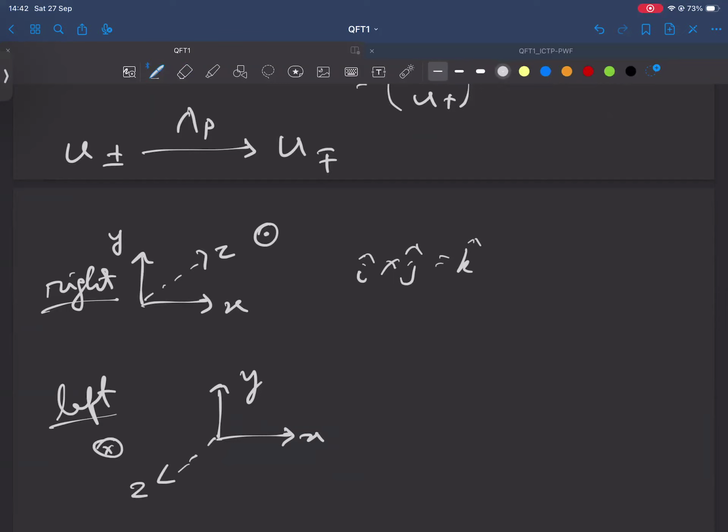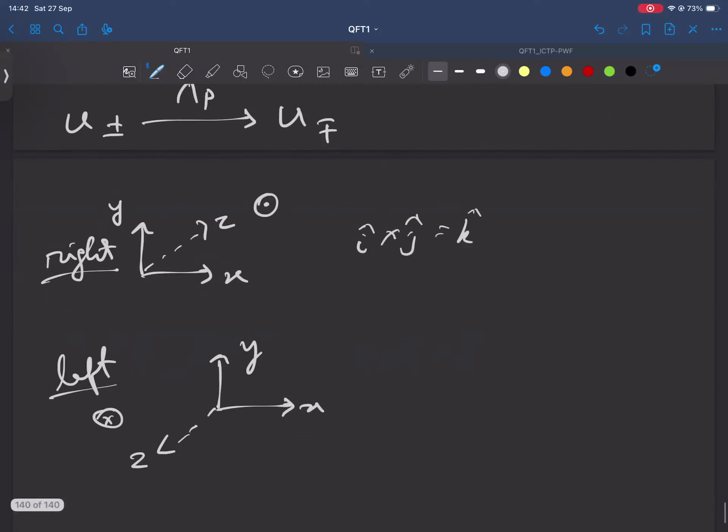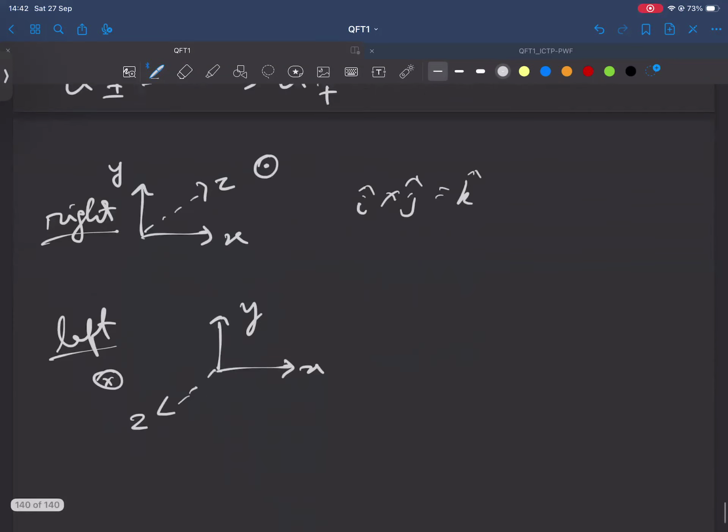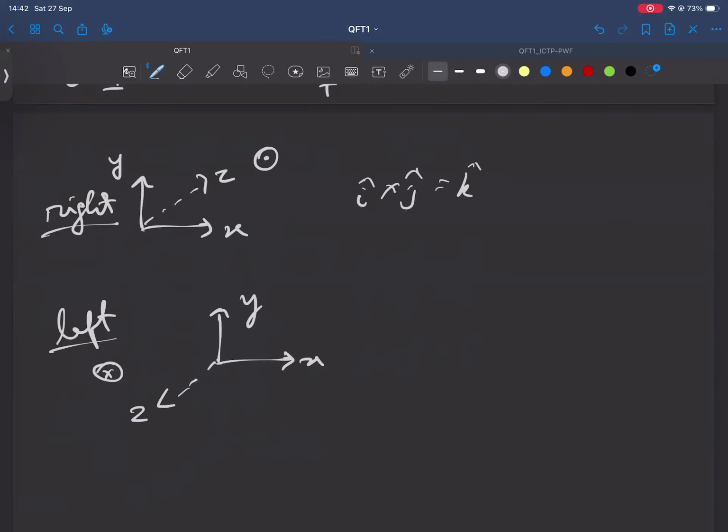Now if you take x and y, and turn your hand the way you do for the cross product, you will get k downwards. And you see, parity essentially exchanges these. Let's say parity was acting on this z here. Because parity flips the space directions, it leads to a change from a right-handed coordinate system to a left-handed coordinate system.